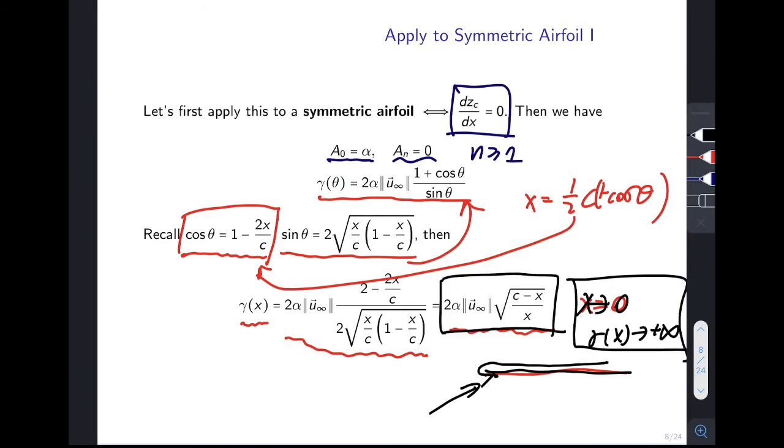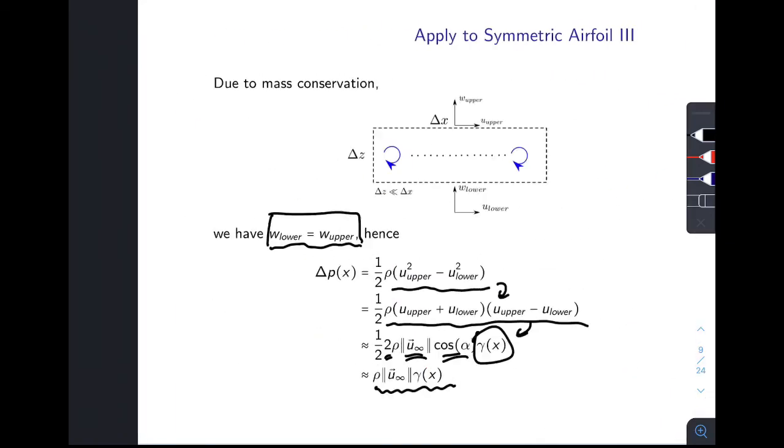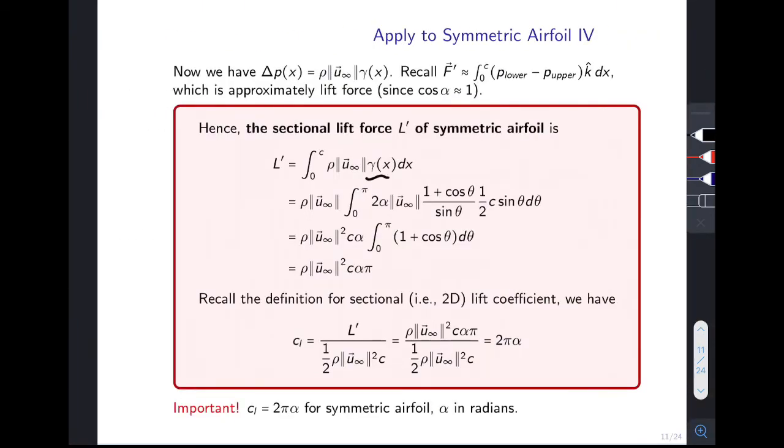Then we just plug it in. Everything else is known, so let's integrate this. Everything about these integrations is easier in theta space, so I converted it back to theta space. It might be a little bit messy here, but trust me, this is all correct.